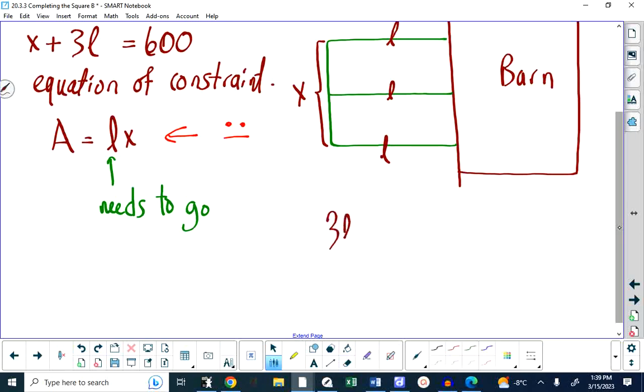So 3L would be equal to 600 minus X. I can divide everything by 3 and get 200 minus 1/3 X. Just eyeball that and let it stew around in your brain for a minute and make sure you understand how I'm going from X plus 3L equals 600 to L equals 200 minus X over 3.